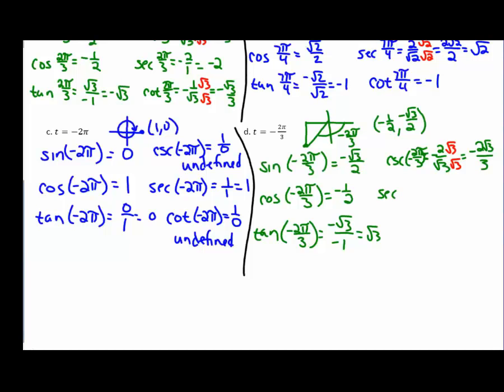Our secant is the reciprocal of cosine, and so it's going to be negative 2 over 1, which is just negative 2. And then our cotangent is going to be the reciprocal of tangent, so it's going to be 1 over the square root of 3. And again, we need to rationalize that, so we end up with the square root of 3 over 3.